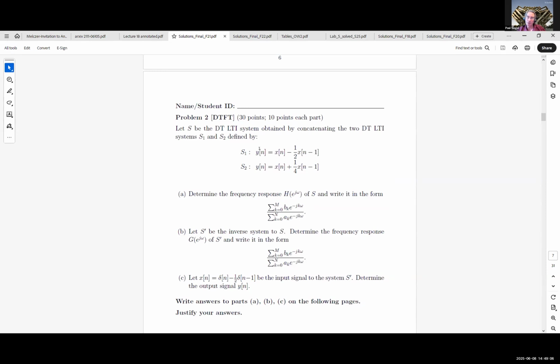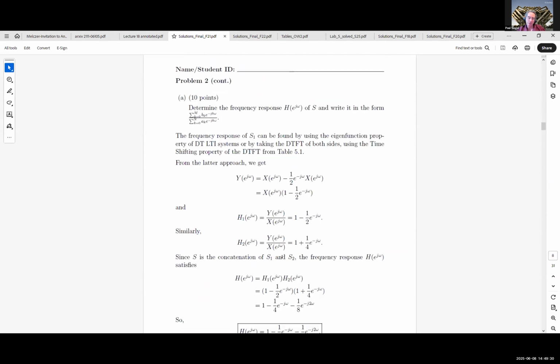They're first order non-recursive systems, and you're asked to find the frequency response. Then you're asked about inverse systems, and then about putting an input into the inverse system and seeing what the output is.